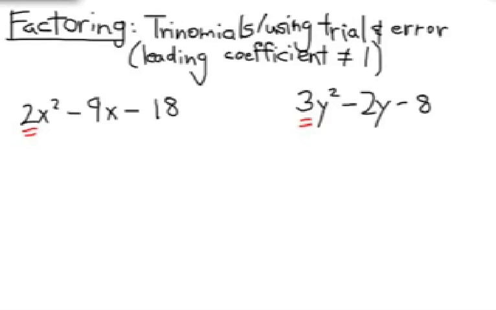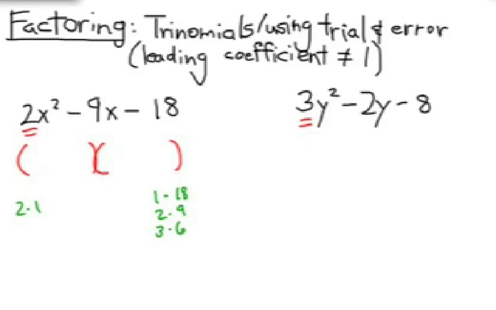I am going to write out my parentheses so I know that I have a binomial times a binomial. And I'm going to take a look at the first coefficient there, which is 2. The only way to make a 2 is a 2 times a 1. And 18 over on the third term there can be created by 1 times 18, 2 times 9, 3 times 6, and those are the only factor combinations for 18.